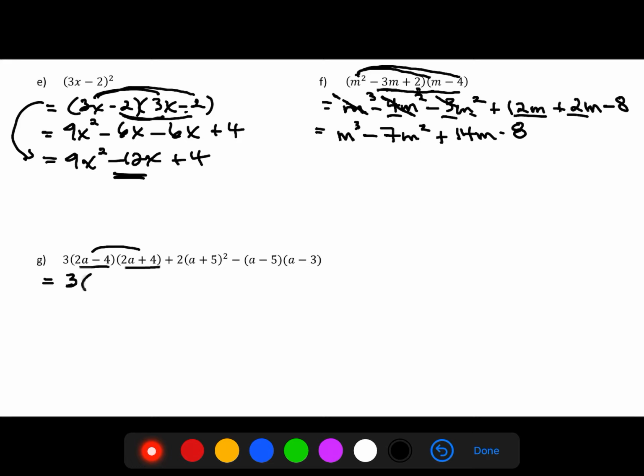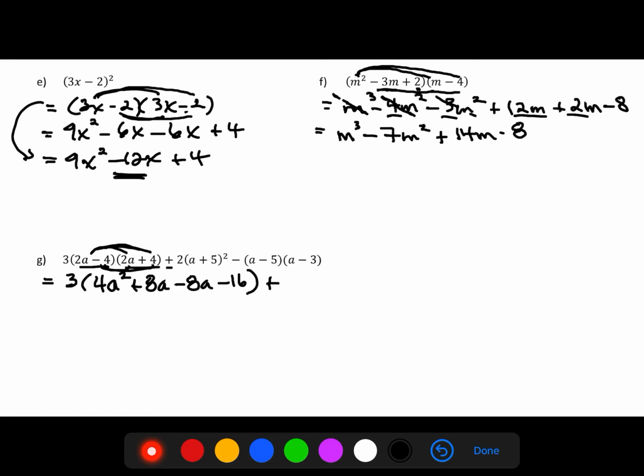Remember from last year that that means that our middle a terms are going to cancel out. So when we do this, 2a times 2a gives us 4a squared. We have plus 8a minus 8a and subtract 16.